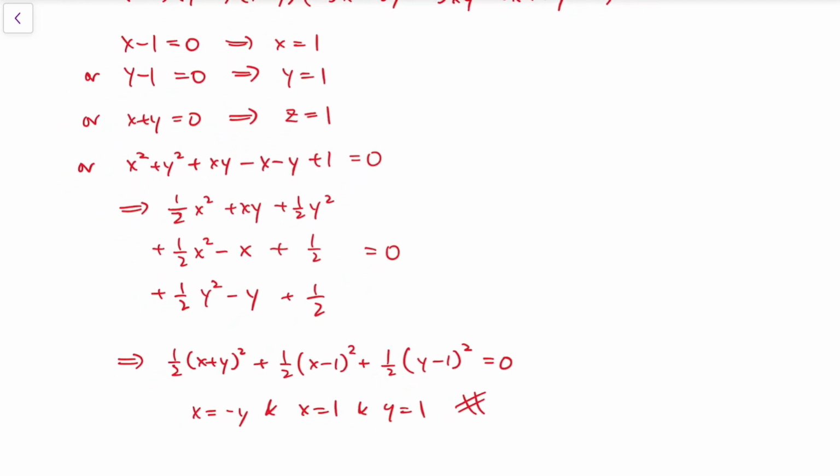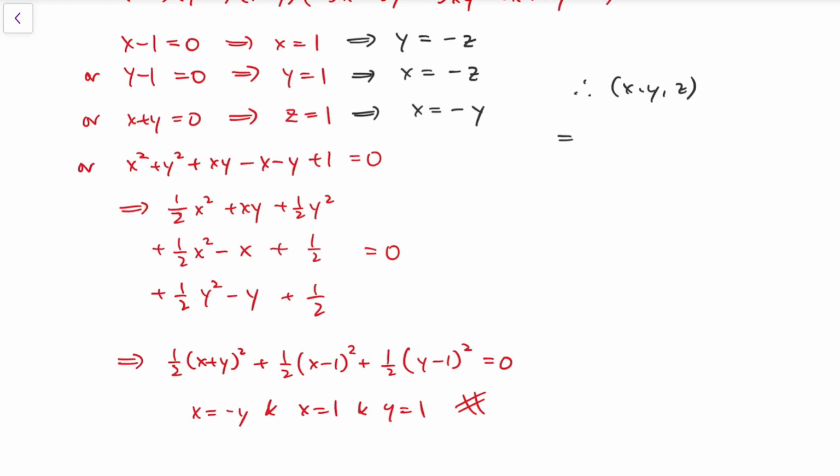So after doing so much algebra, all we can tell is either x equals 1 or y equals 1 or z equals 1. But for each individual case, this just implies that the other two unknowns will have this relation, say y equals minus z, or x equals minus z, or x equals minus y.